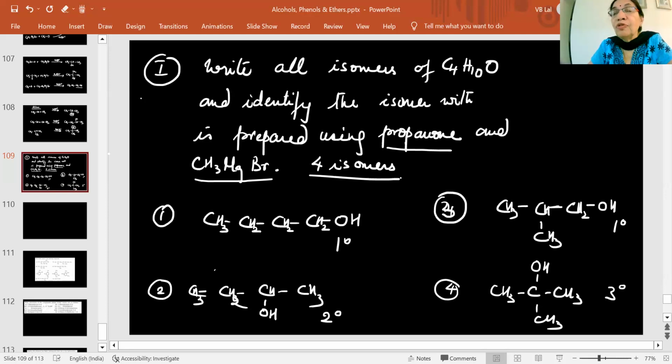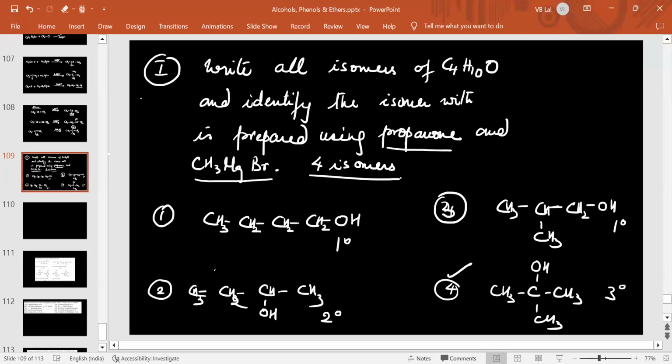First is formaldehyde and Grignard reagent, you get primary alcohol. When it is any other aldehyde and Grignard reagent, you get secondary alcohol. And when it is a ketone and Grignard reagent, you get a tertiary alcohol. So with propanone, a ketone, I can prepare a tertiary alcohol, which is the fourth one.